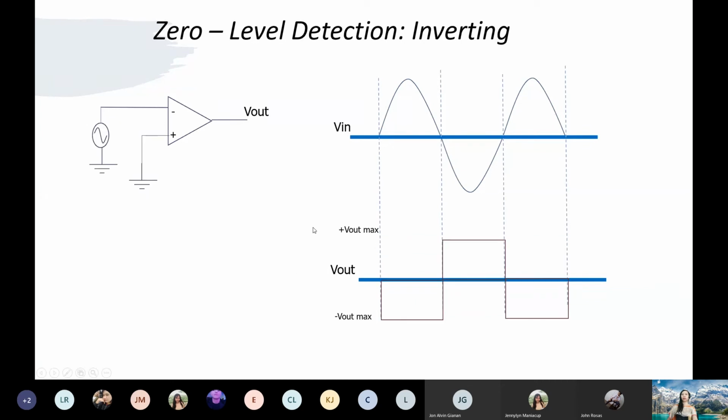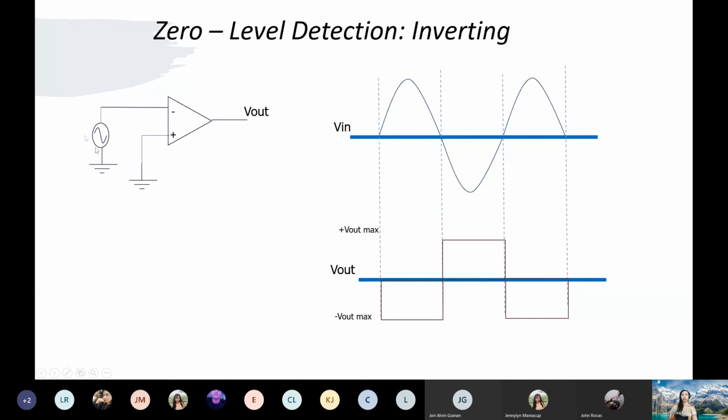Okay. Next we have inverting, so still zero level detection. When you say zero level, the reference voltage is connected to the ground.